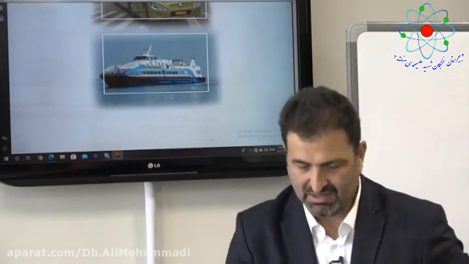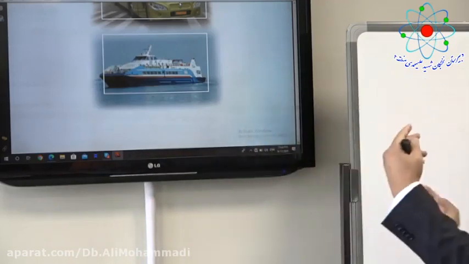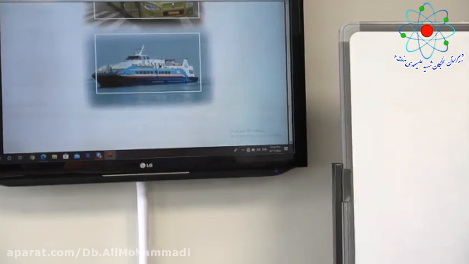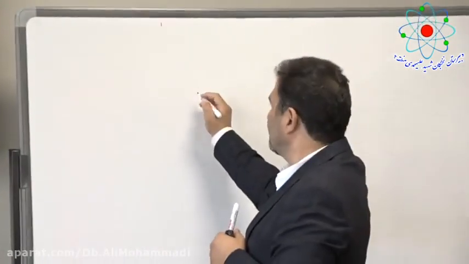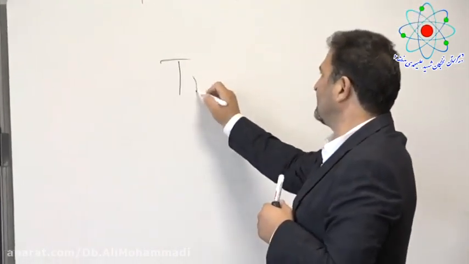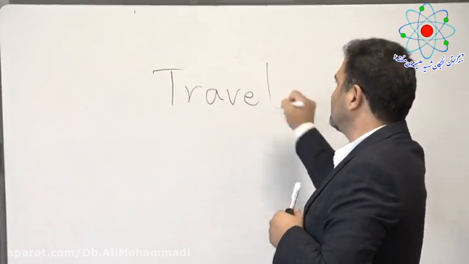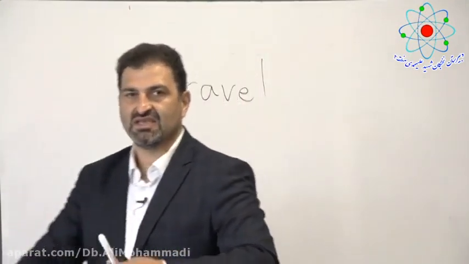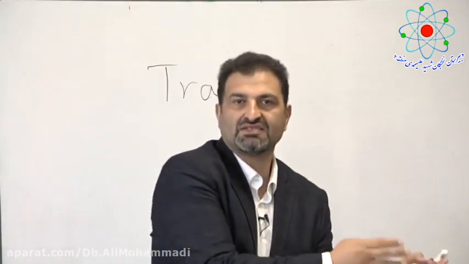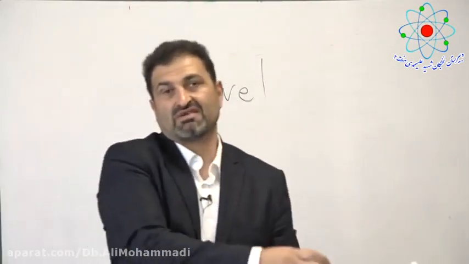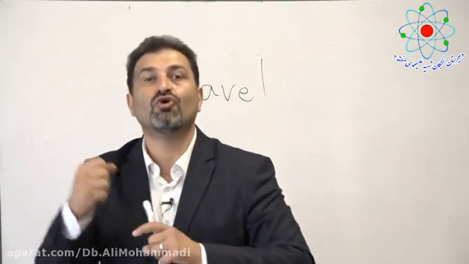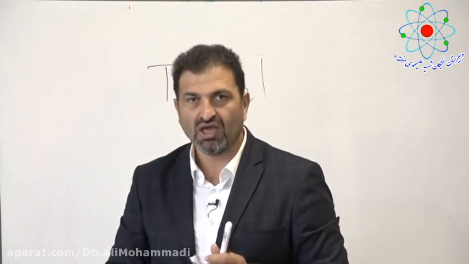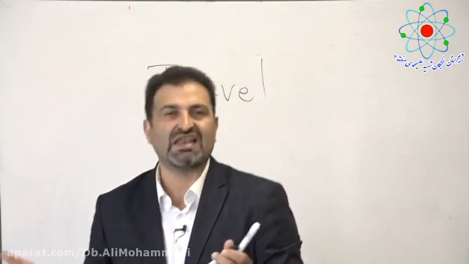So, what we are looking for is the word travel, right? Travel means going from one place to another, one country to another, for different purposes. It can be for work or a holiday when you relax.